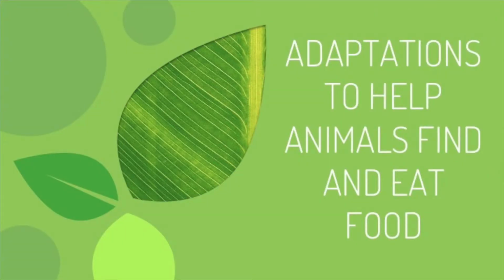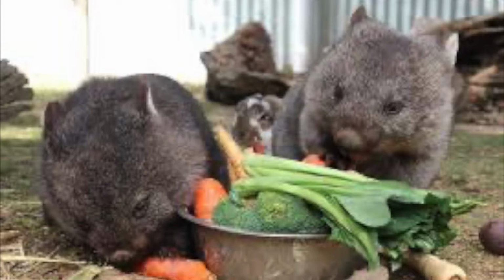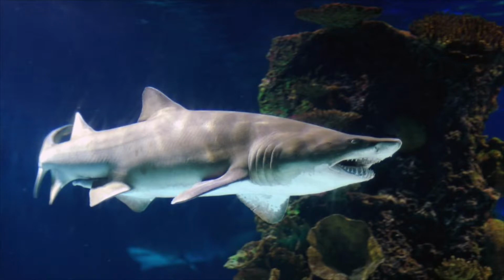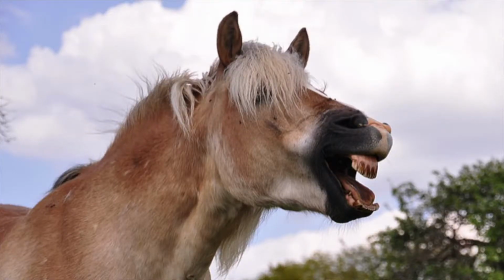First, let's take a look at some adaptations different animals have that help them get and eat food. Your organism will also need a way to find and eat food. Animals like sharks have sharp teeth to catch and eat their prey. Horses have big flat teeth that help them eat plants.